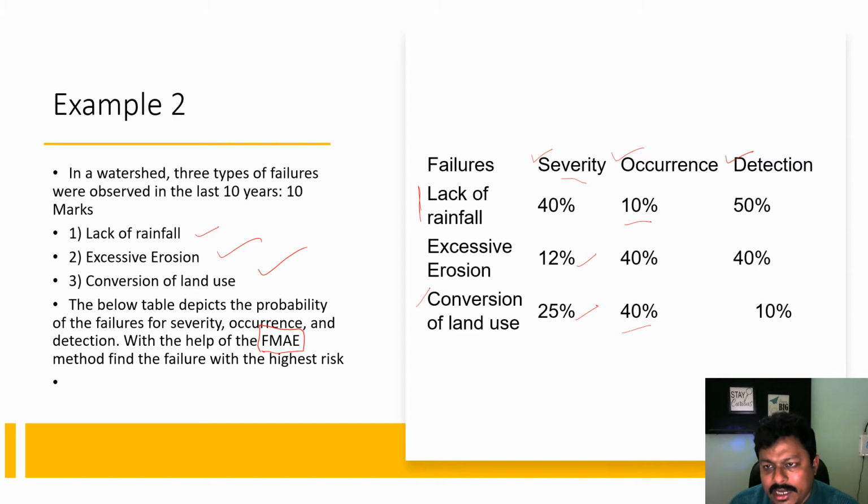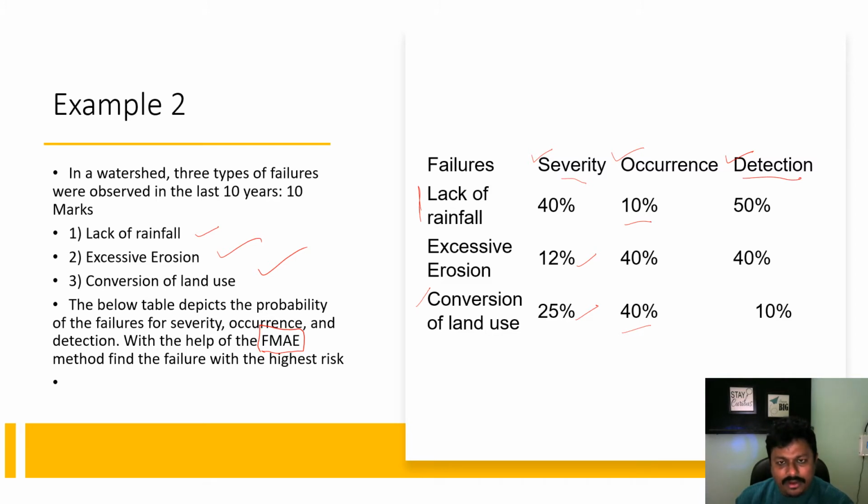And the next is detection. Now detection signifies how well this failure can be detected. Look, there are different types of failure. Some failures can be detected instantly, and some other failures can be detected after a very long time after their occurrence. For example, if there is a conversion of land use, then in the initial year, you cannot detect much failure in the watershed.